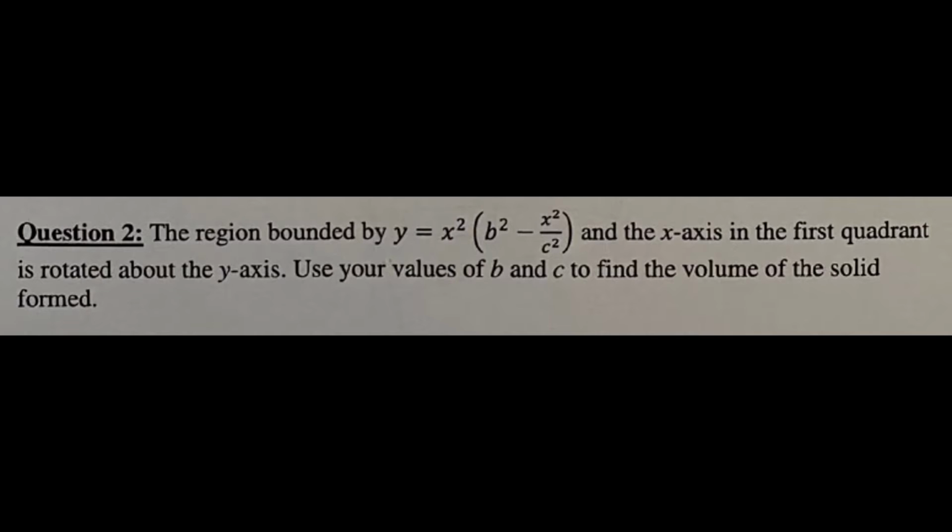As I mentioned in the first question, I'm going to leave all of these constants, a, b, c, and so on, as constants and not insert values, but the students who got these questions would have been given values of these constants to then get a numeric answer. I'm just going to leave it in generic terms, and you could insert, in theory, whatever values you wanted to convert it into a number.